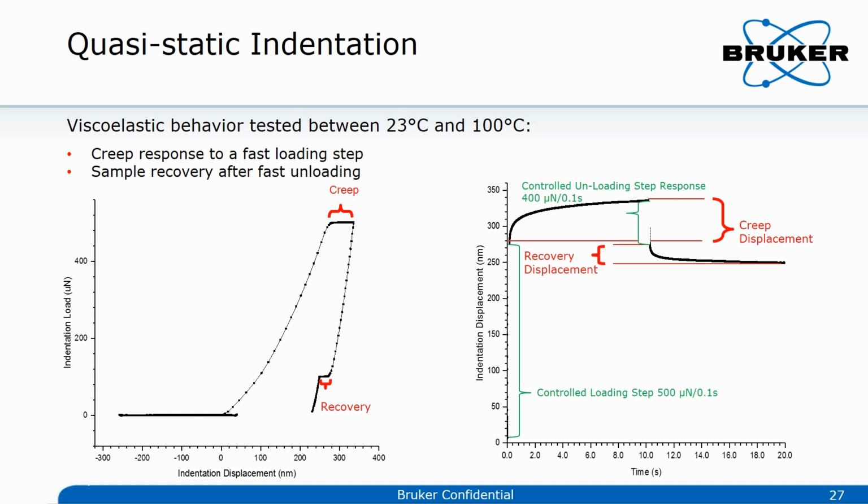A high bandwidth indenter system with small inertia of the moving parts is needed for the control steps in only 100 milliseconds. The creep is analyzed as the creep displacement divided by the time period of the creep segment, and its unit is nanometer per second.